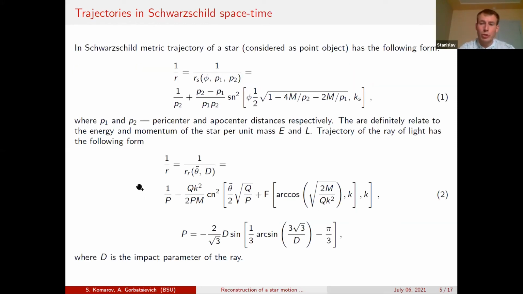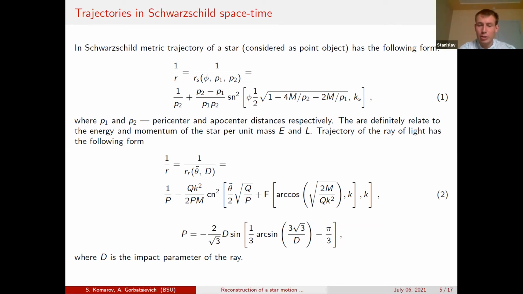For this purpose, we use well-known analytical solutions in Schwarzschild geometry. Firstly, the solution for the time-like geodesic that represents the motion of the source star. From this solution, we can express the radial coordinate, for example, as a function of the azimuthal angle on the orbit phi, and through parameters of motion of the source star.